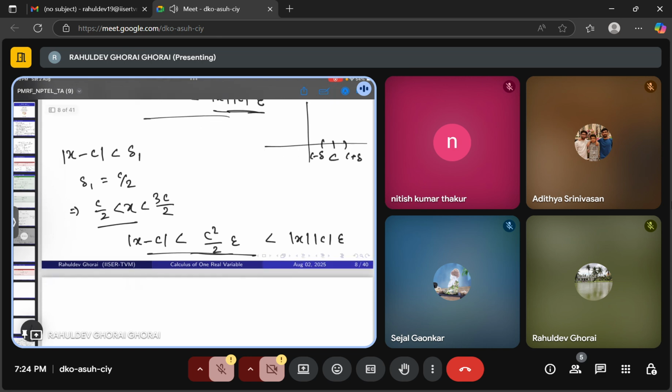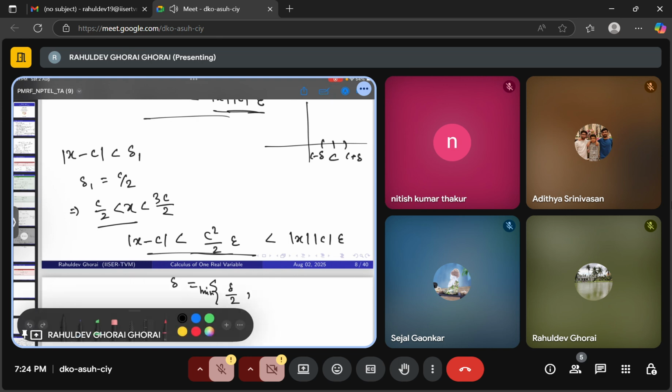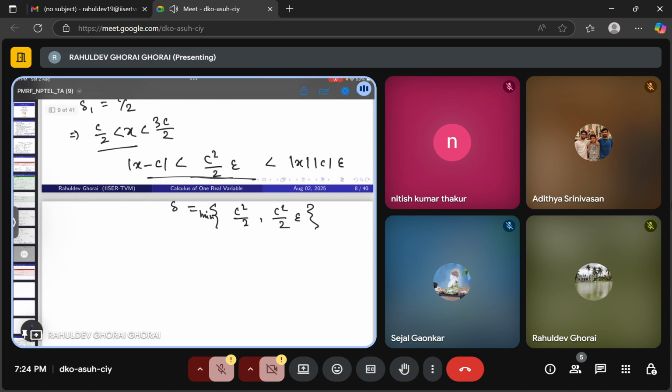So that is one thing. So delta we choose as the minimum of c by 2 and c squared by 2 epsilon. Now let's say |x - c| is less than delta. What will happen?